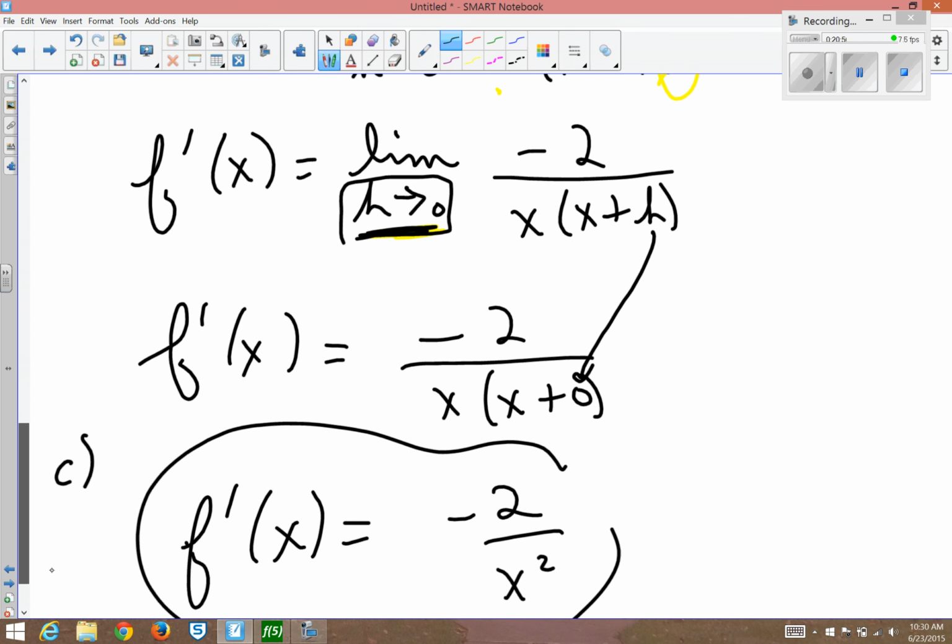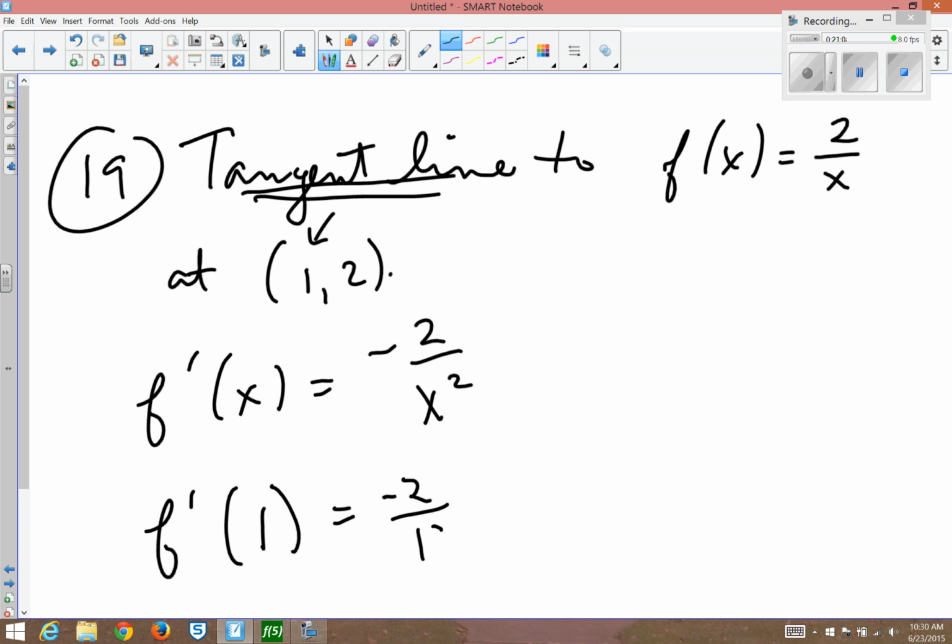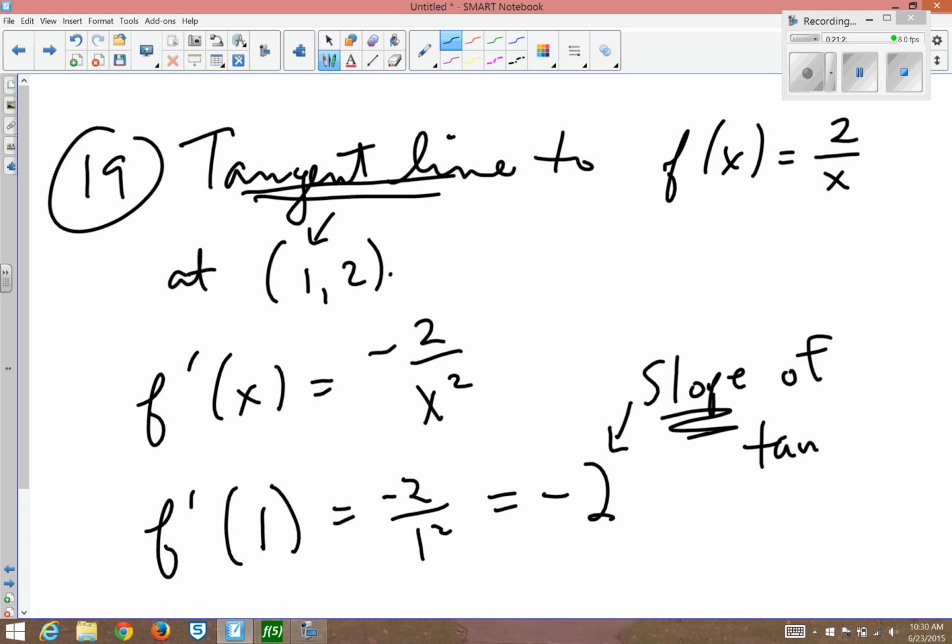The derivative is negative 2 over x squared. When we calculate the derivative at a specific value of x, in this case 1, the number we get is called the slope of the tangent line. At, in this case, when x is 1.